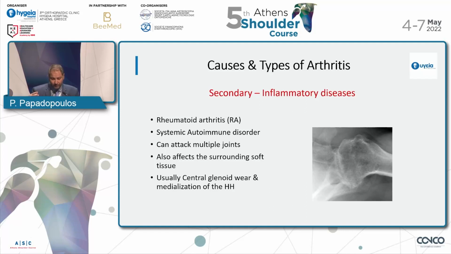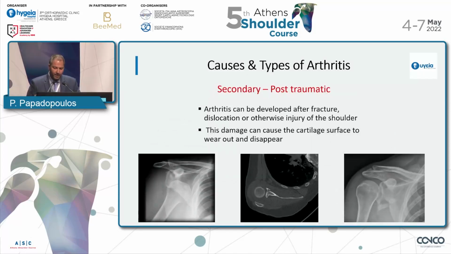Usually we have central glenoid wear and medialization of the humeral head. Another type of secondary arthritis can develop after fracture, dislocation, or severe trauma and injury in the shoulder area, and this damage can cause the cartilage to wear out and eventually disappear.